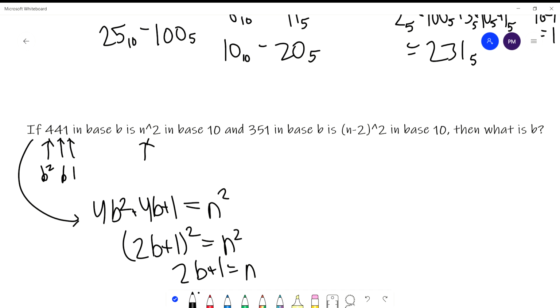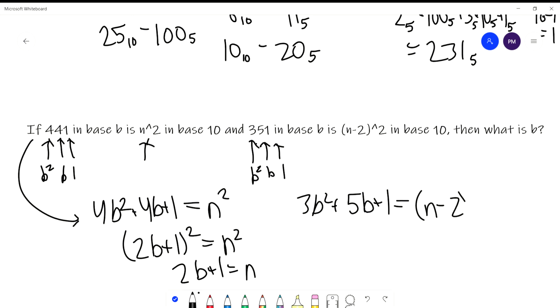Okay, so this should be pretty helpful. Now let's do the other information that we are given. So here this has value b squared, this has value b, this has value 1. So 3b squared plus 5b plus 1 equals, here we're given that it's n minus 2 whole squared.